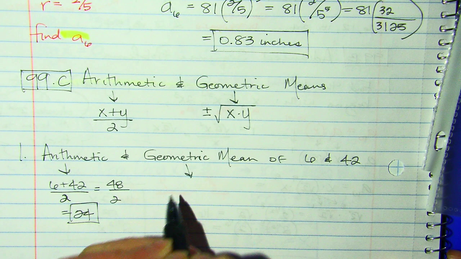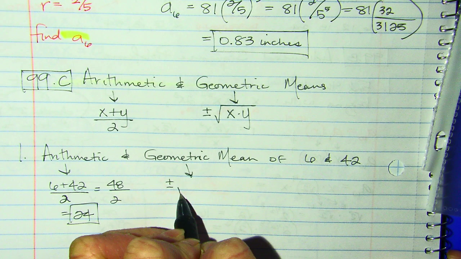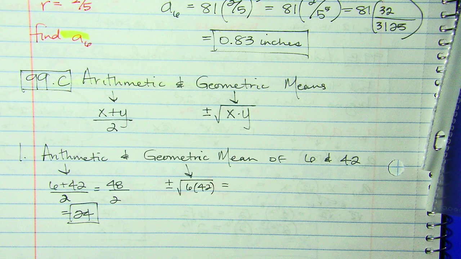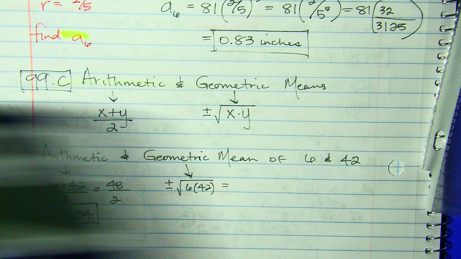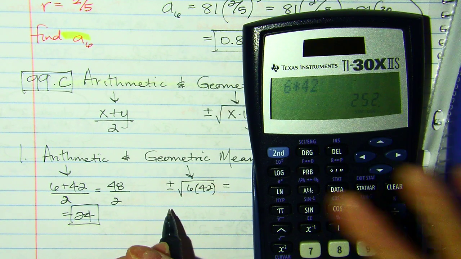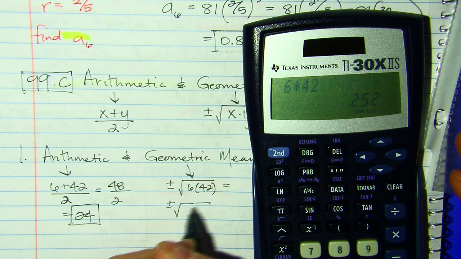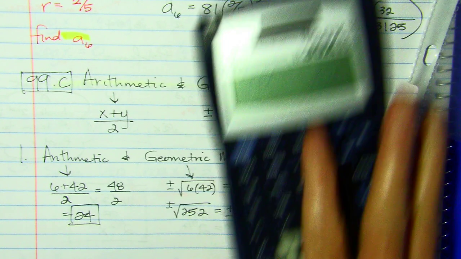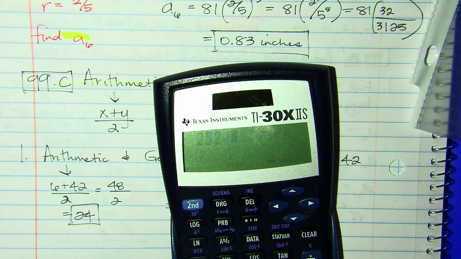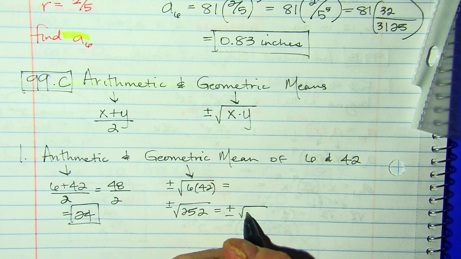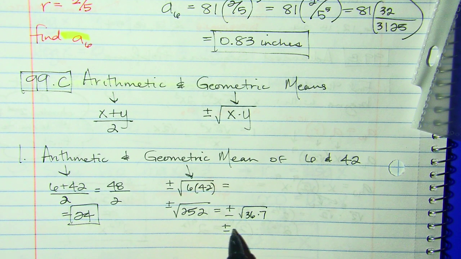The geometric mean would be plus or minus the square root of 6 times 42, which is plus or minus the square root of 252. So I'm going to simplify that. 252 divided by 36 is 7. So 36 times 7, that would be plus or minus 6 root 7.